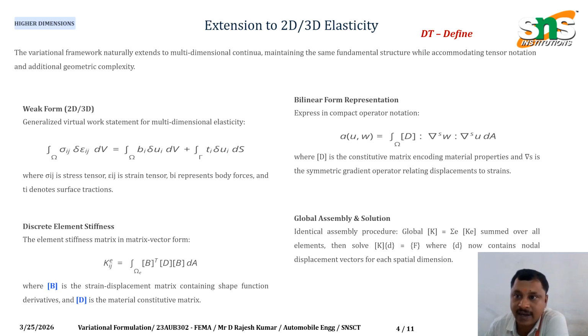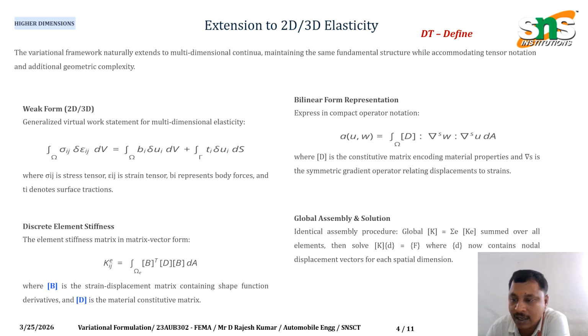And the B denotes the strain displacement matrix. The physical meaning is K is equal to B transpose D B, which means it quantifies how nodal displacements produce forces through material deformation.